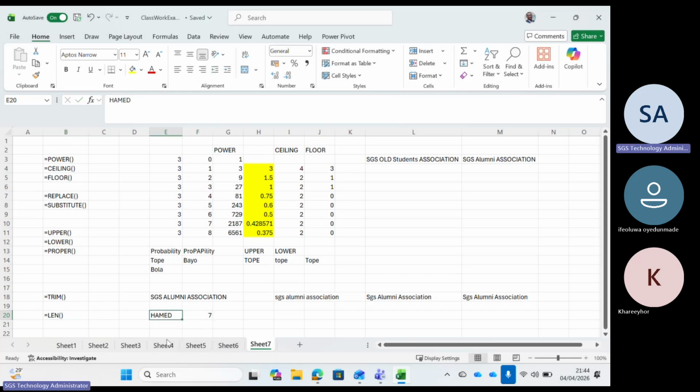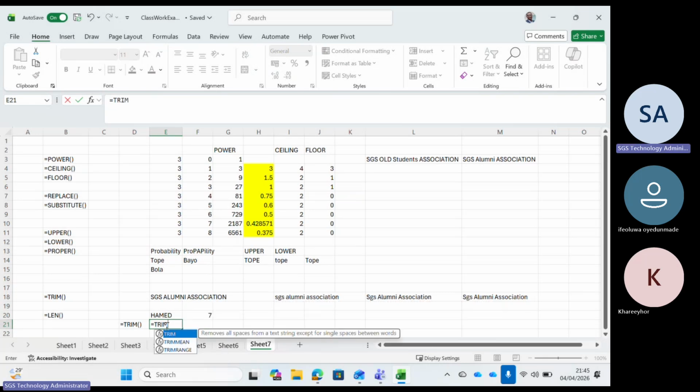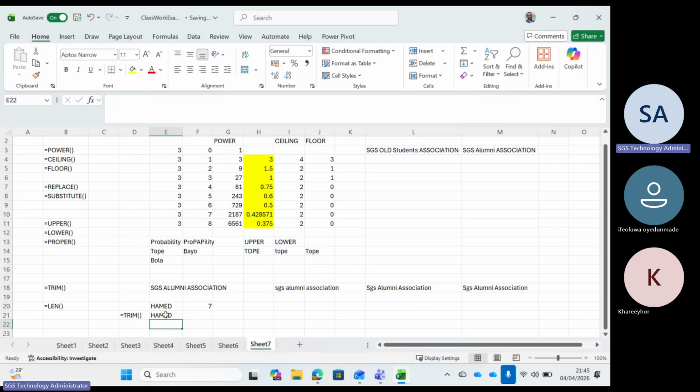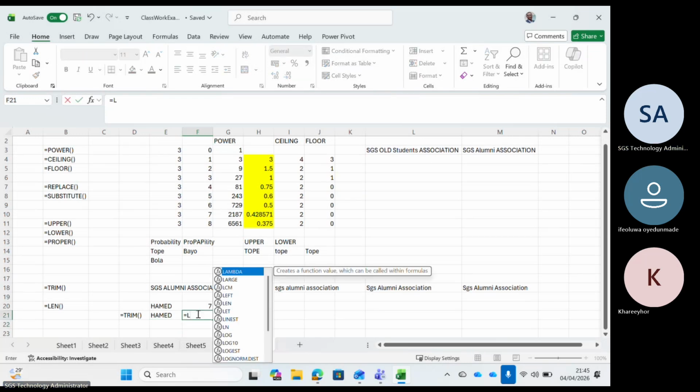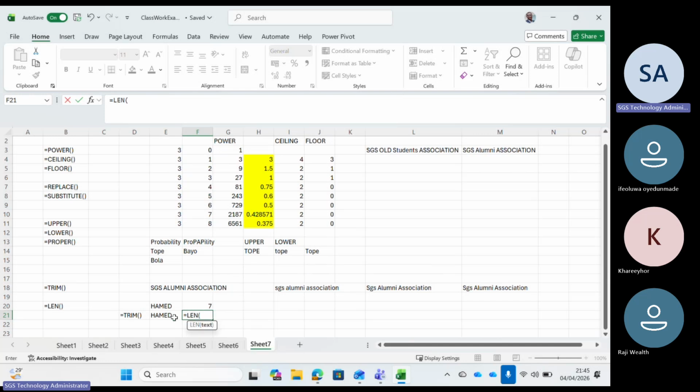So there is a problem that we did not notice here. But let's trim it out. The function we are going to use here is trim. Equals trim this. So now let's know the length.